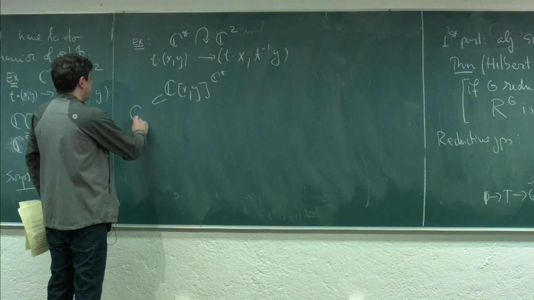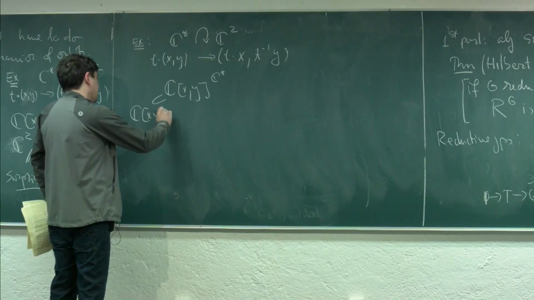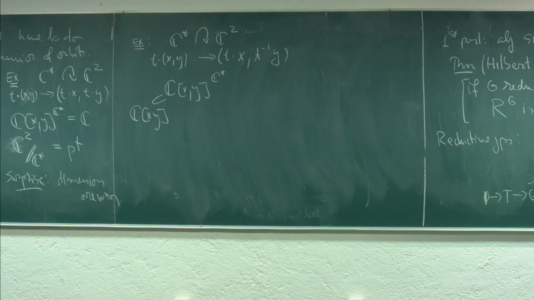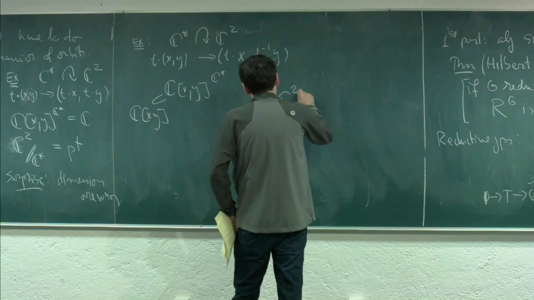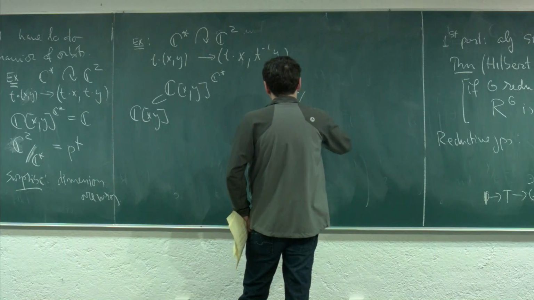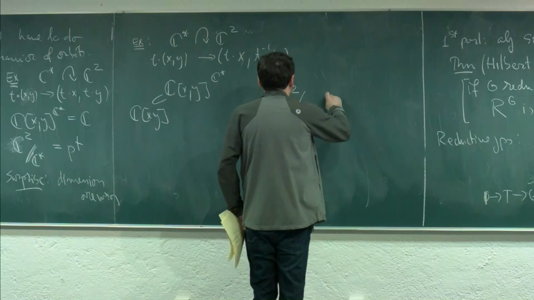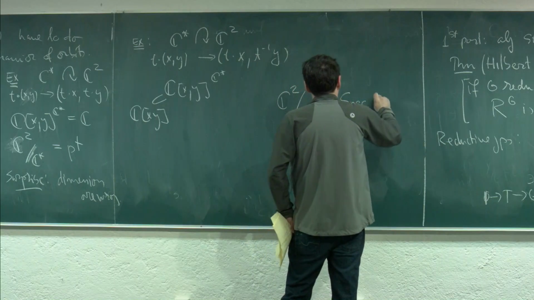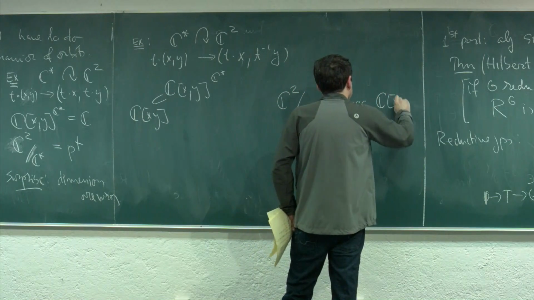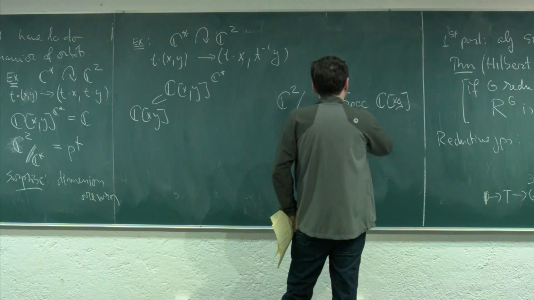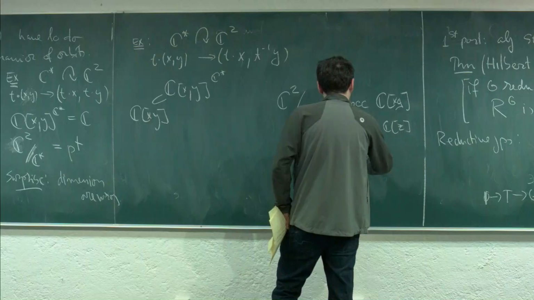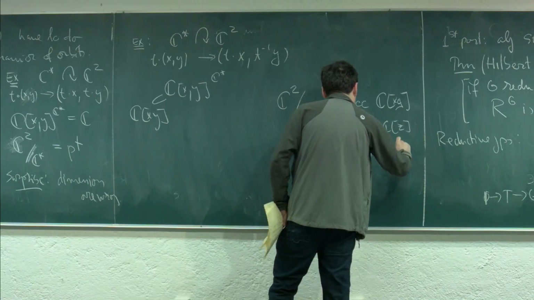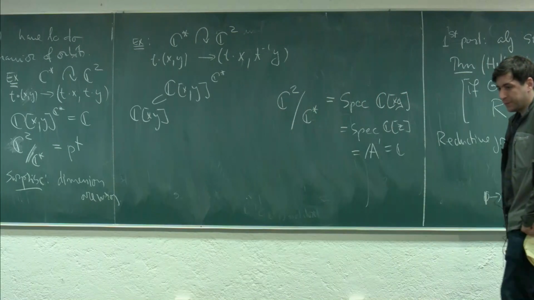There needs to be a small proof, but this would be just C[xy]. So what will be the quotient in this situation? C squared modulo C star is just Spec of C[xy]. Abstractly, this is just Spec of a new variable z. So this is just the affine line, or C in my notation.